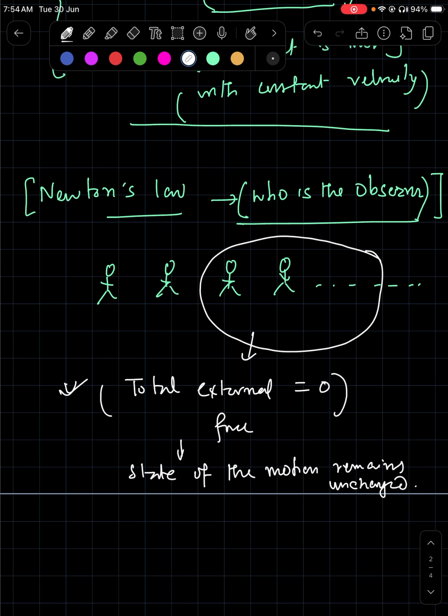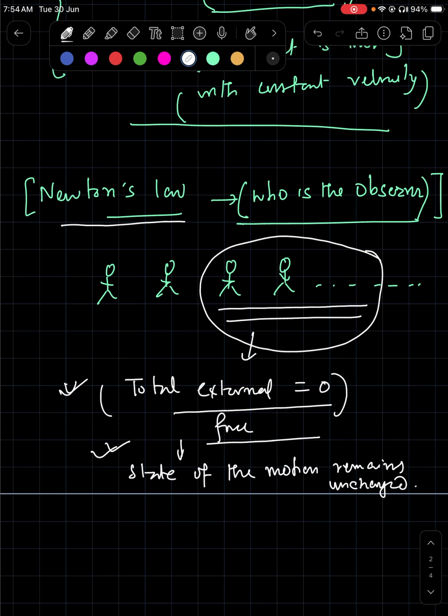So that is the very important thing. Newton's first law is motivated to bring those observers into the picture who will tell that if the total external force on the body is zero, the state of the motion remains unchanged.